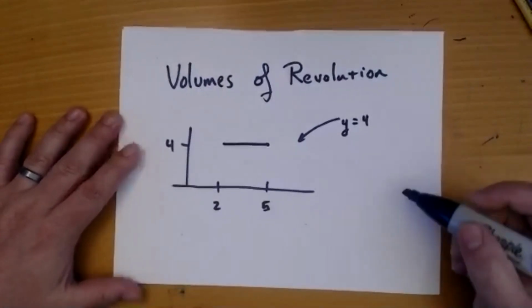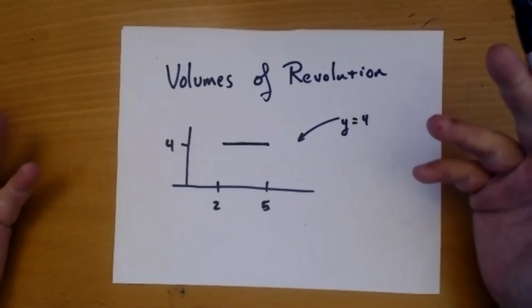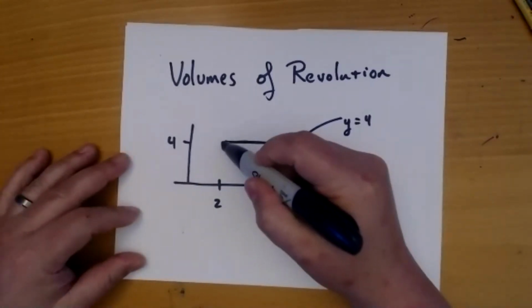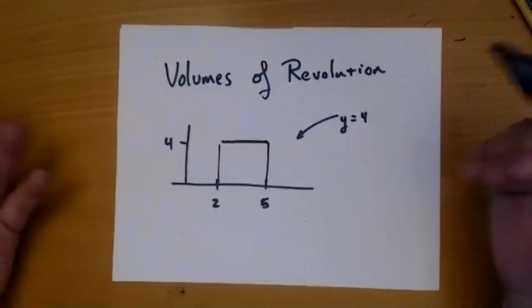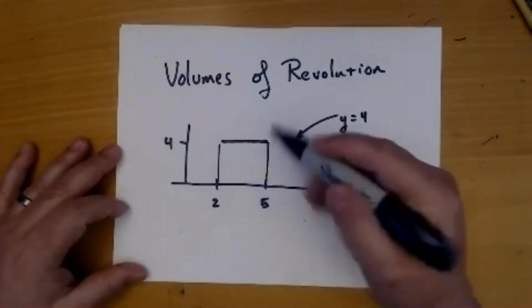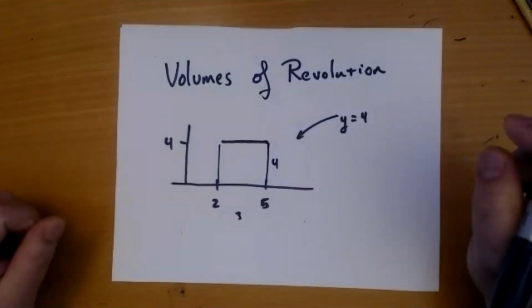Obviously, I could do some calculus right here if I really wanted to, or I can just use some basic geometry and find the area underneath that line segment. It's just a rectangle, height of 4, width of 3, so an area of 12.